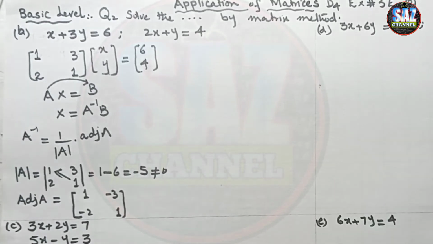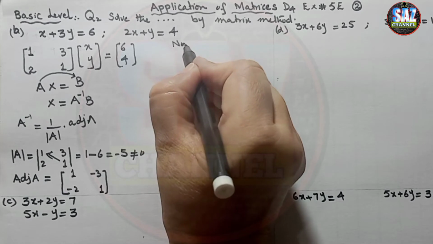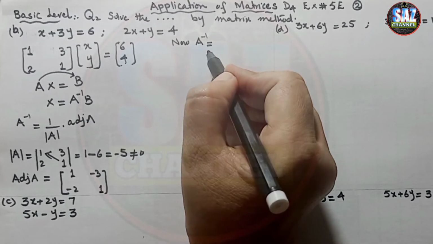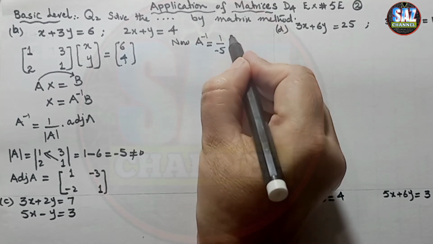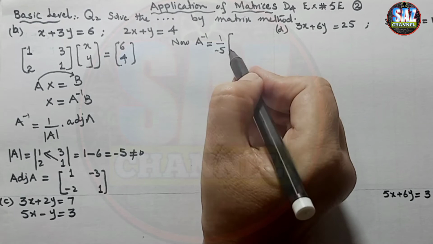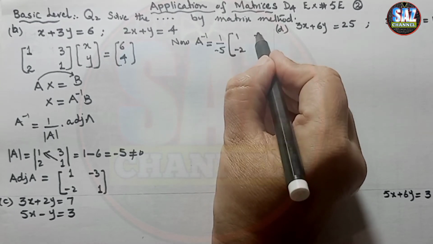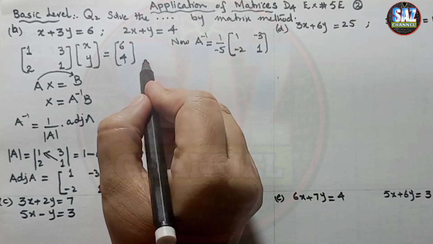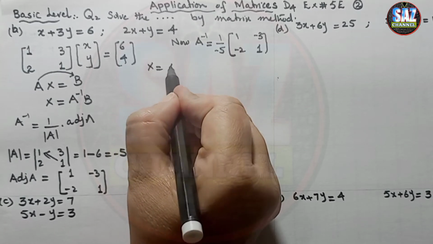Now A inverse will be equal to 1 over determinant, which is minus 1 by 5, into adjoint, and adjoint has the values 1, minus 2 and minus 3 and 1.